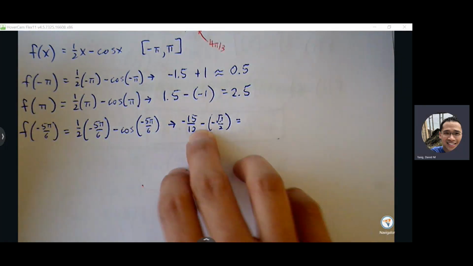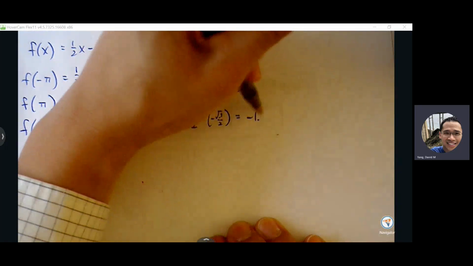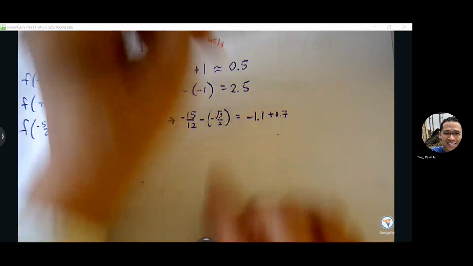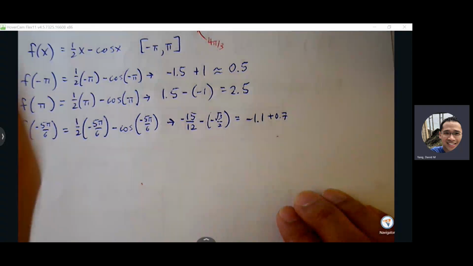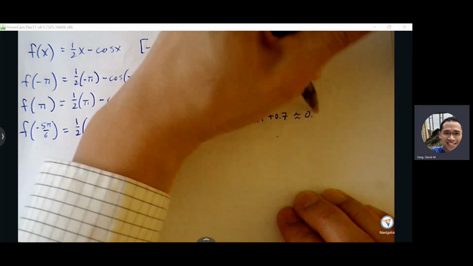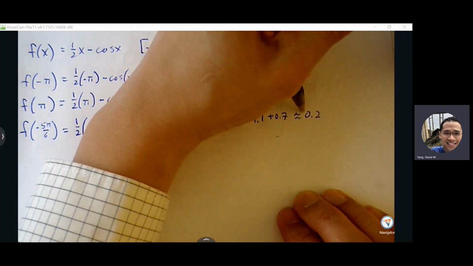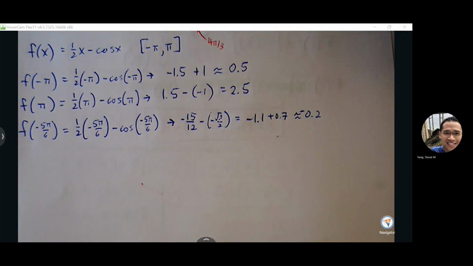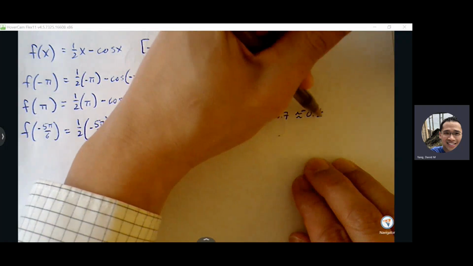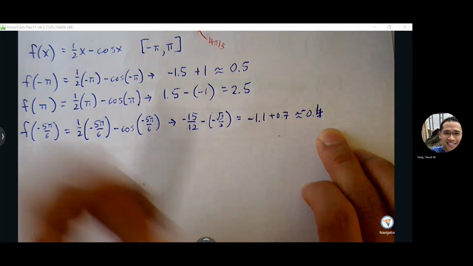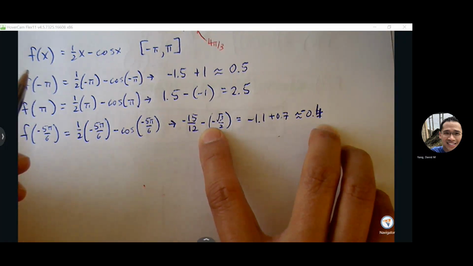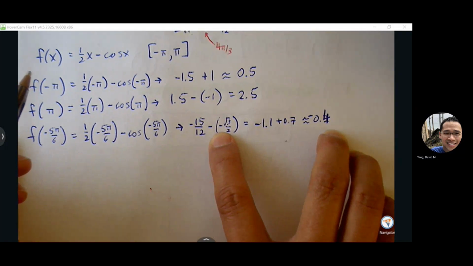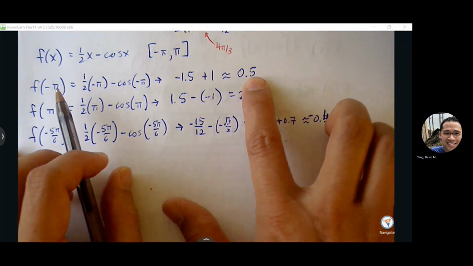A little bit more than 1, so maybe like negative 1.1. And I'll give you that indication that root 3 over 2 is around 0.7. Let me see, my bad.